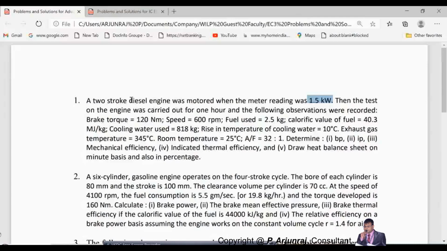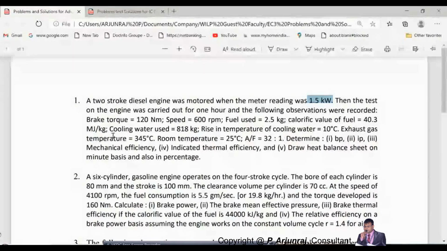The mass of the fuel is 2.5 kilogram. Okay, when you want to convert to kilogram per hour, which is nothing but mass flow rate of fuel, then you have to divide it by 60. And they also given the calorific value of fuel, which is 40.3 megajoules per kg. And then because for the formula you have the calorific value.